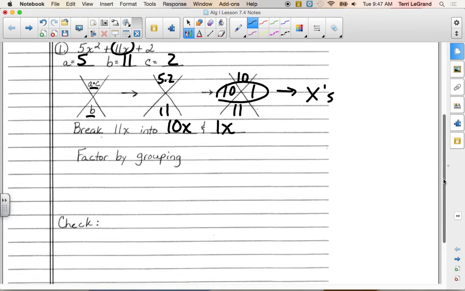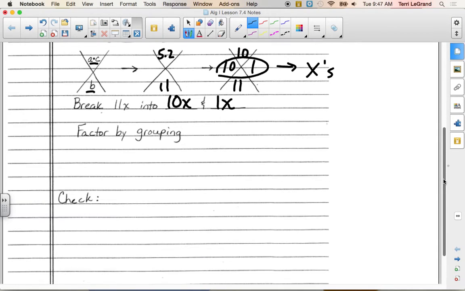Okay? So we're just going to rewrite it as 5x squared plus 10x plus 1x. So notice this is where this is replacing our 11x plus our 2. And we're going to factor it by grouping.